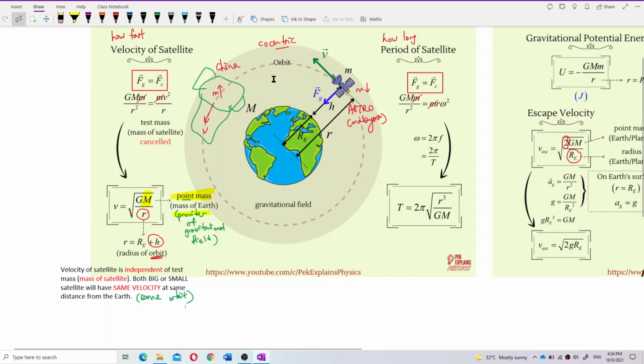Different satellites at the same orbit will have the same speed. Remember, we have the same speed.